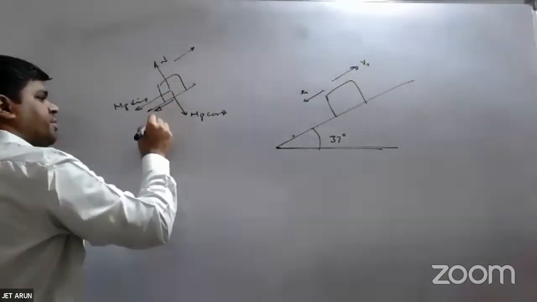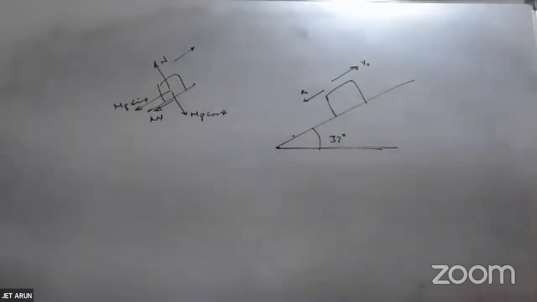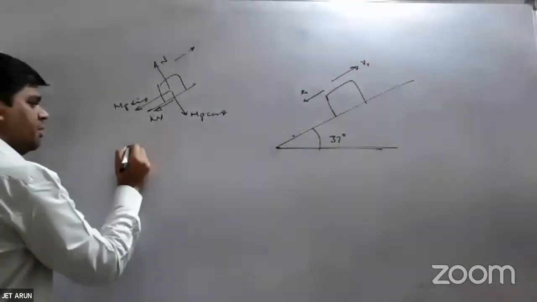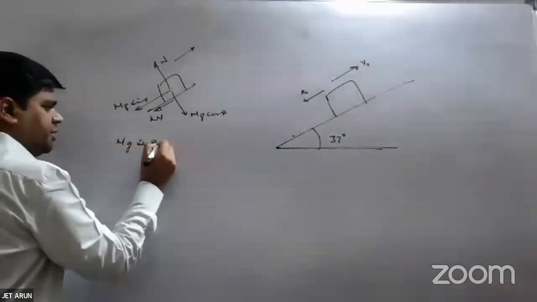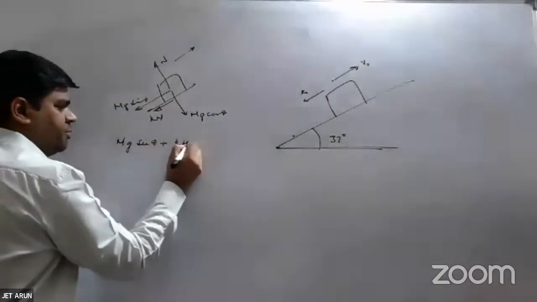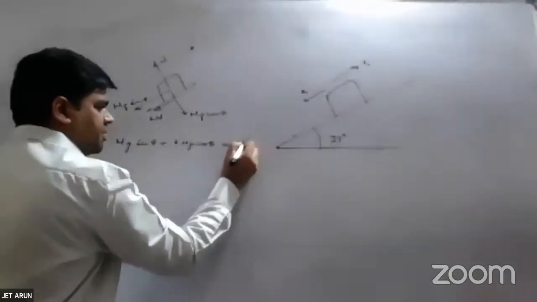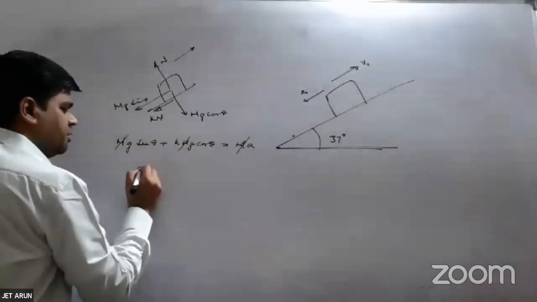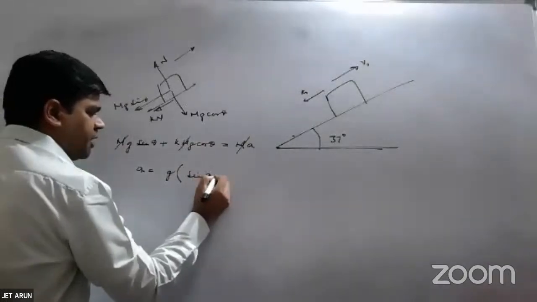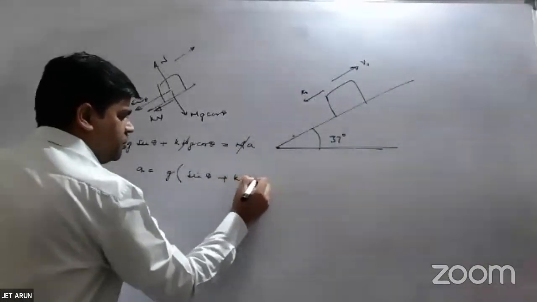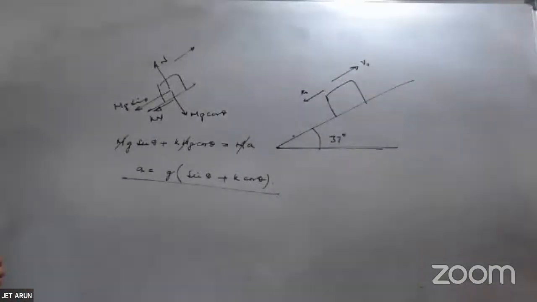Kinetic friction acts down the plane, which is mu times N. Right. So net force would be mg sin theta plus mu mg cos theta is equal to mass times acceleration. M gets cancelled out. A is equal to g times sin theta plus mu cos theta. So that's my acceleration. Mass is getting cancelled out.